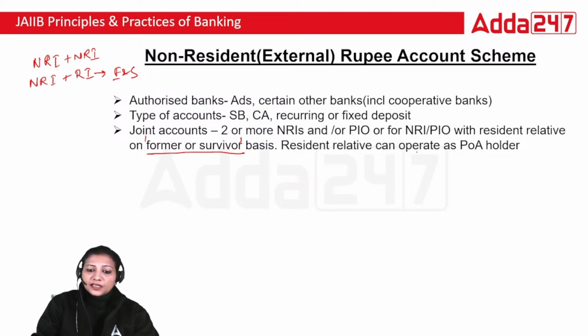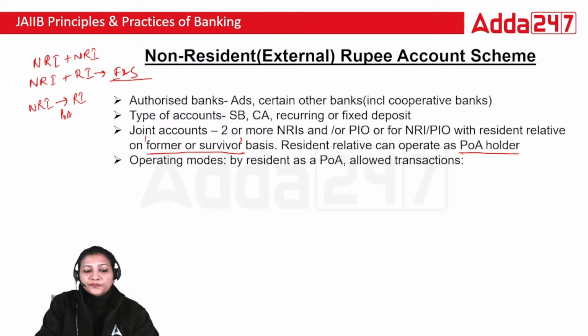The resident Indian can operate as a POA holder. So they can have a joint account, former or survivor, or the NRI can give power of attorney to the resident Indian, and there are a few transactions which are allowed and some which are not allowed to a POA holder.